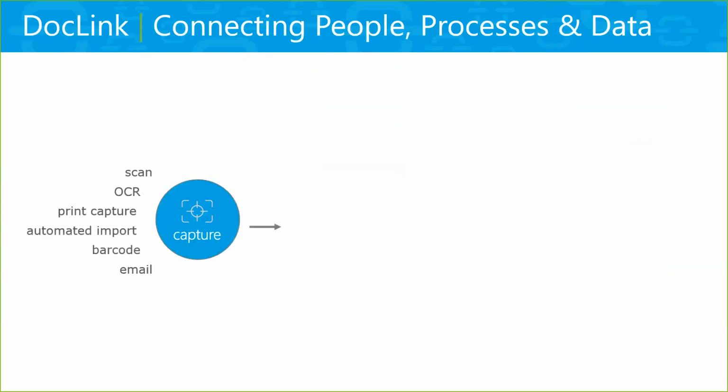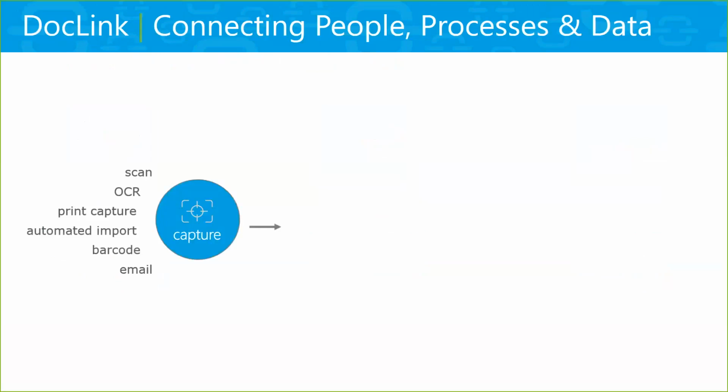Now, how DocLink operates as a system itself, from the perspective of components. Everything starts when we need to centralize and capture the data. One of the big inefficiencies in workflows, and that's again related to how we receive information, is centralizing the data in the same depository.